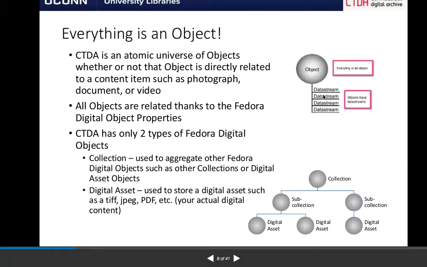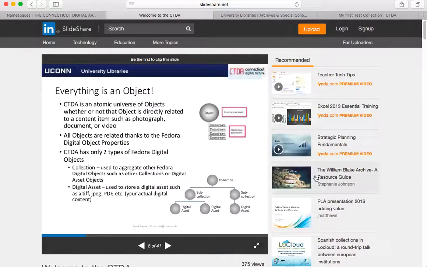Everything has what is called a data stream, and it also has a PID as well as a Dublin Core as well as internal metadata for the system. This collection can have either sub-collections or objects that are digital assets. And what's the difference? Collections don't have what are called OBJs, they just have description.